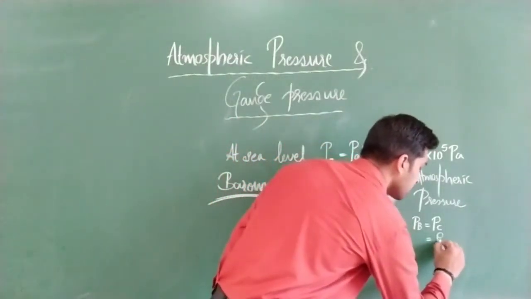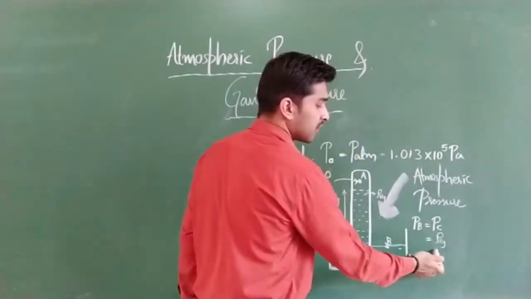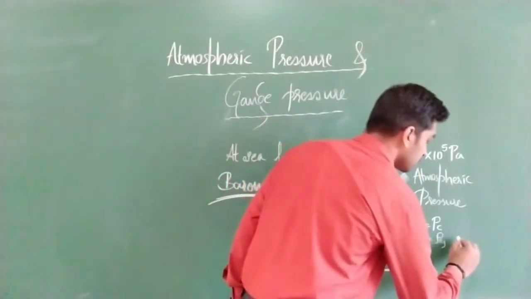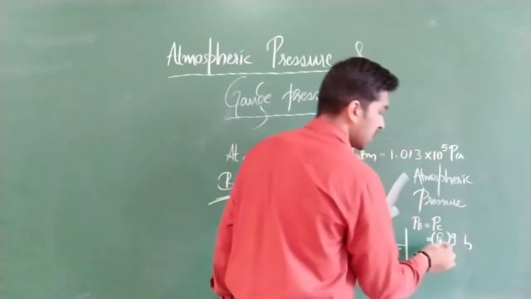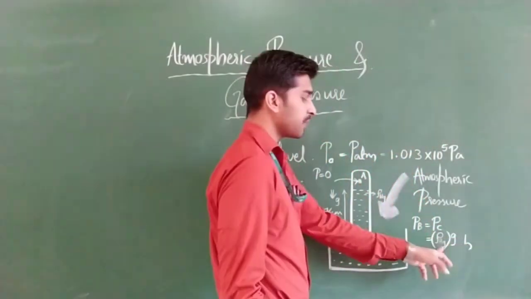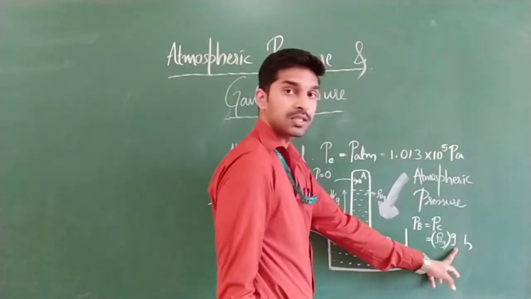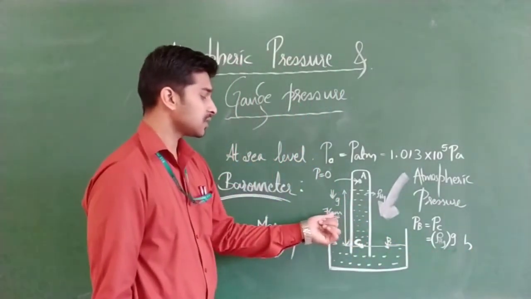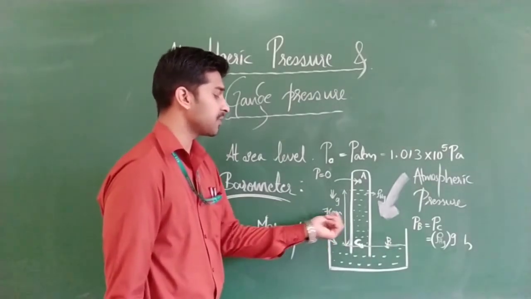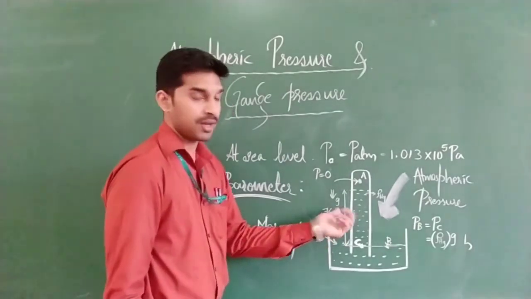Rho mercury. I will be writing rho Hg, rho g h. Don't get confused. Rho Hg means density of mercury. g means acceleration due to gravity, 9.8. h is nothing but 76 centimeter or 760 millimeter.